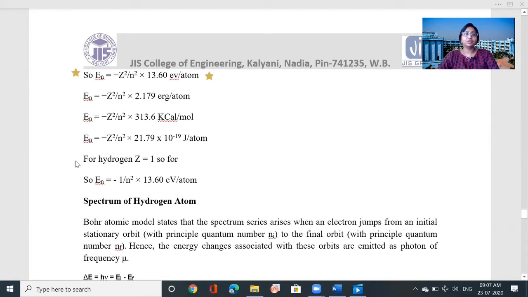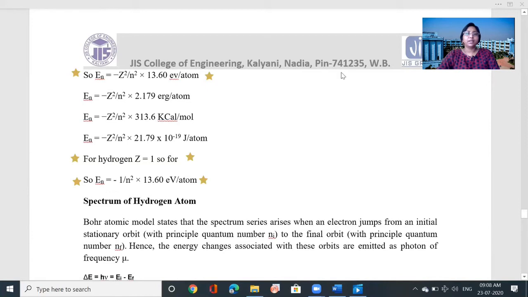For hydrogen, Z is equal to 1, so En will be calculated as minus 1 by n square into 13.6 eV per atom. Now if you put n is equal to 1 for the first orbit, you can calculate the energy.